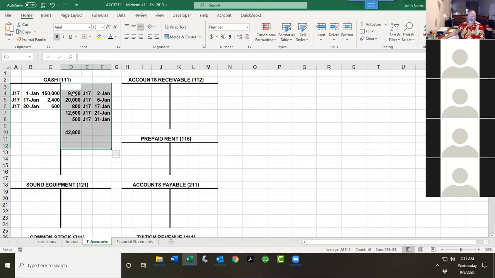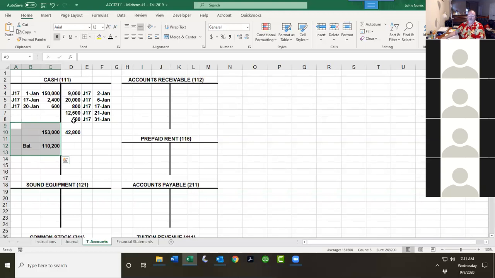So for the prepaid rent, the down payment on the equipment, the payment of the first week's wages, the payment of the installment, and the payment of the dividends. And that's going to give you a balance of $110,200.